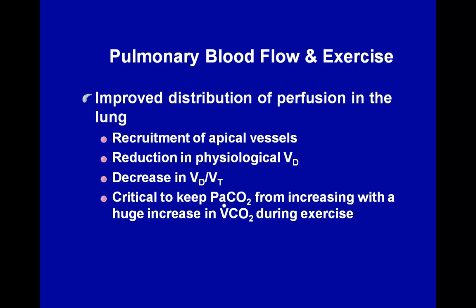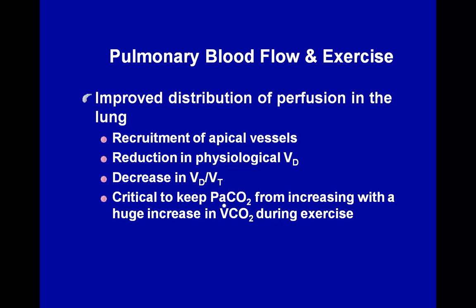So there are lots of things that happen with exercise in a normal individual. We recruit those apical vessels, which at rest in an upright person are underperfused. We will perfuse them with exercise. This limits or reduces the physiological dead space. And that coupled with a larger tidal volume decreases VD to VT ratio.